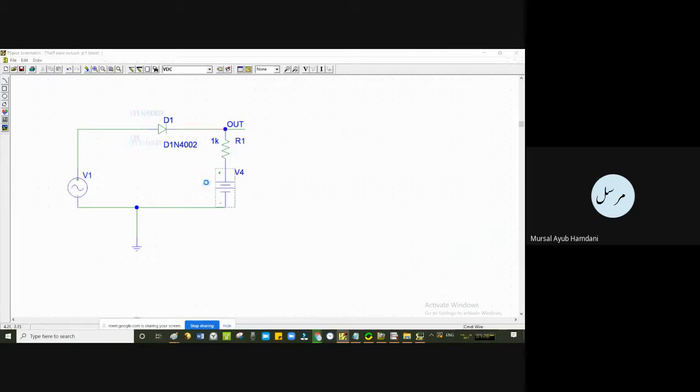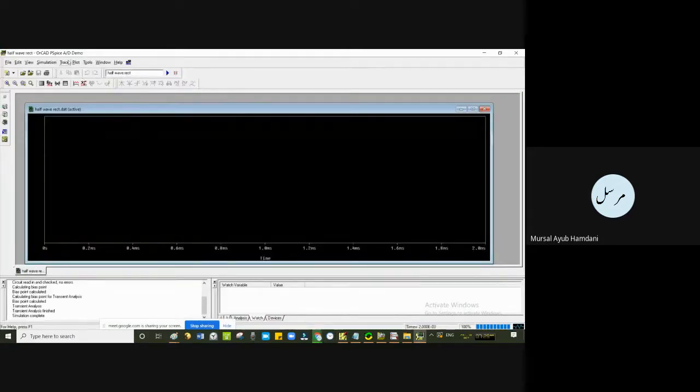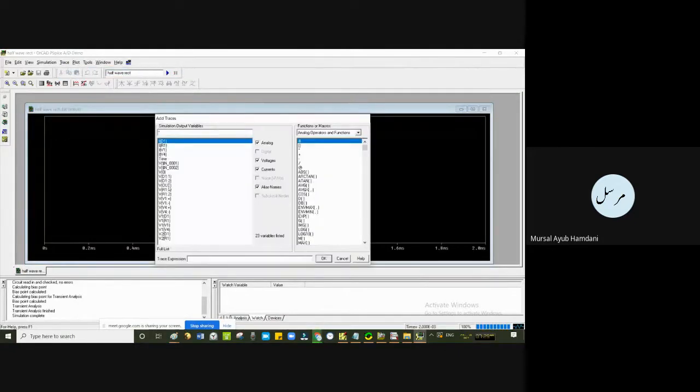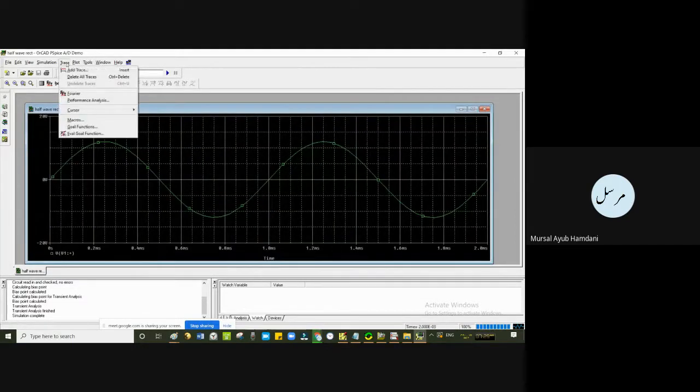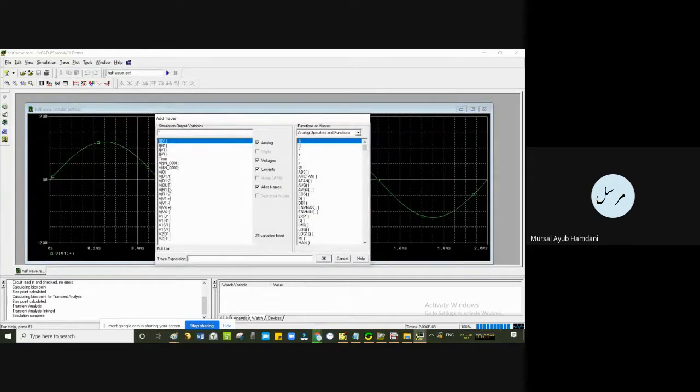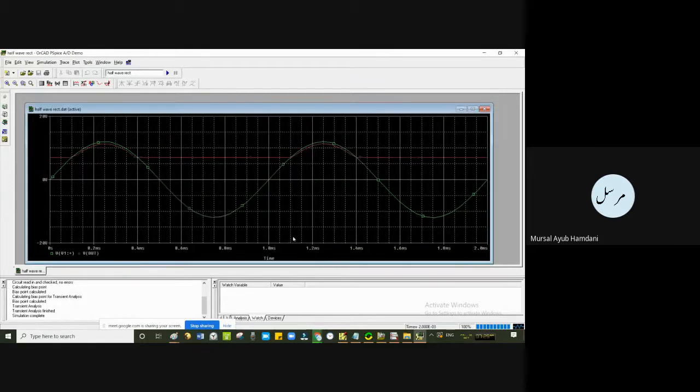I made this -7 and made this 7 again. Simulate, trace V1 plus, and trace V out. I can clearly see it follows that pattern that we had talked about.